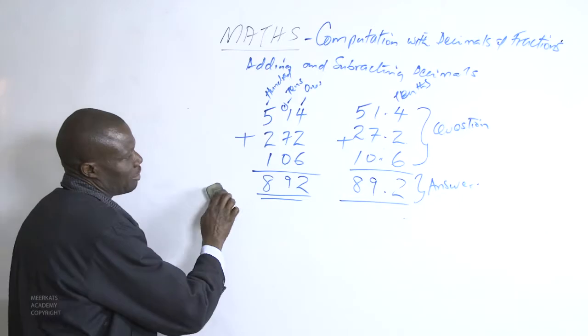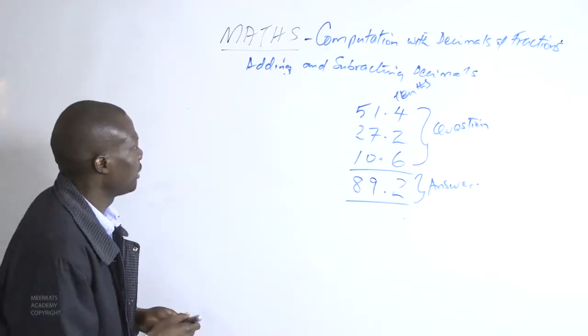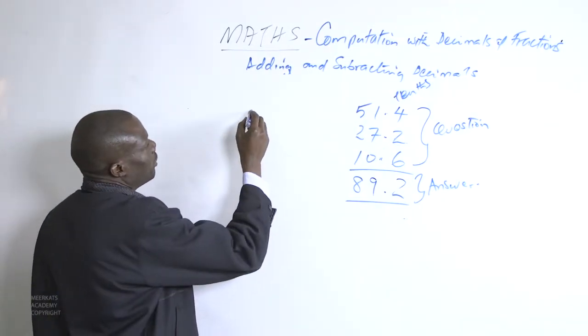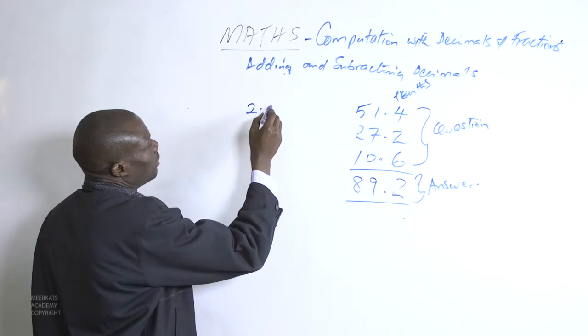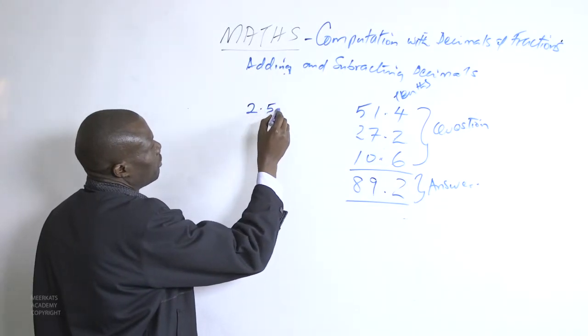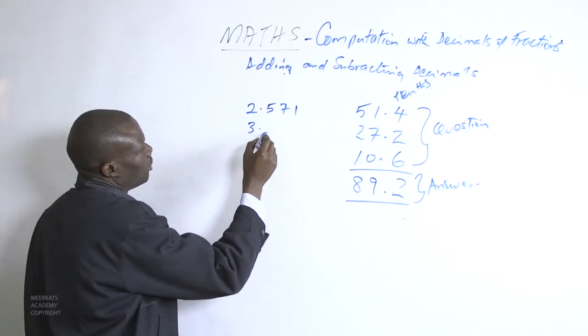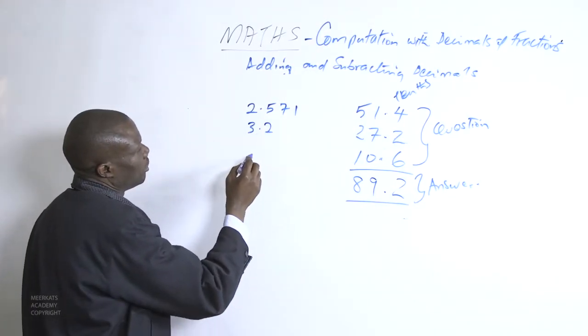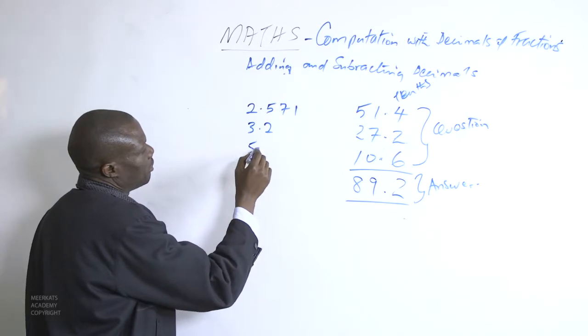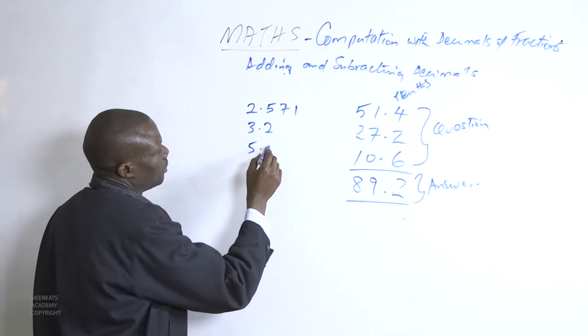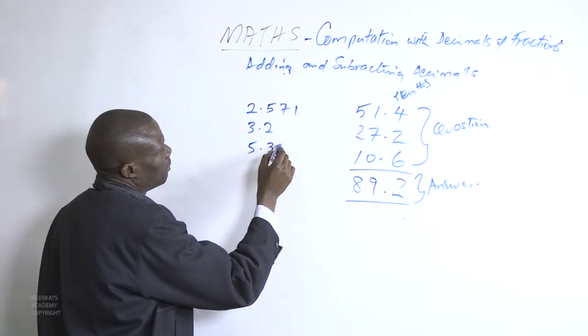What am I trying to say here? Look, for example, 2.571, 3.2, and 5.35.